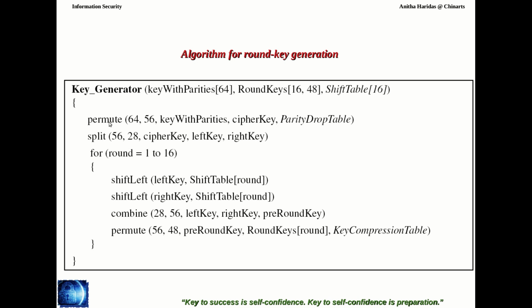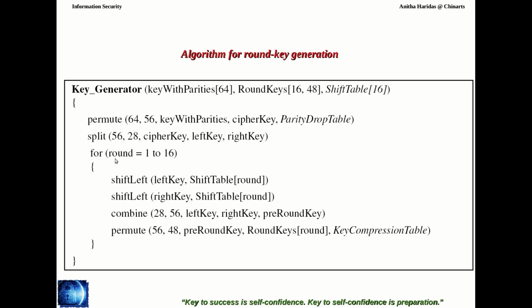Once the permutation is done, we split the cipher key into left key and right key, each of 28 bits in size. The 56-bit cipher key is divided into two parts, 28 bits left key and 28 bits right key.